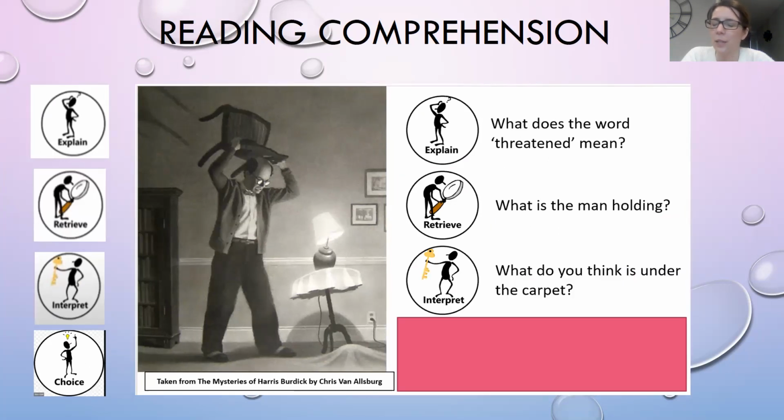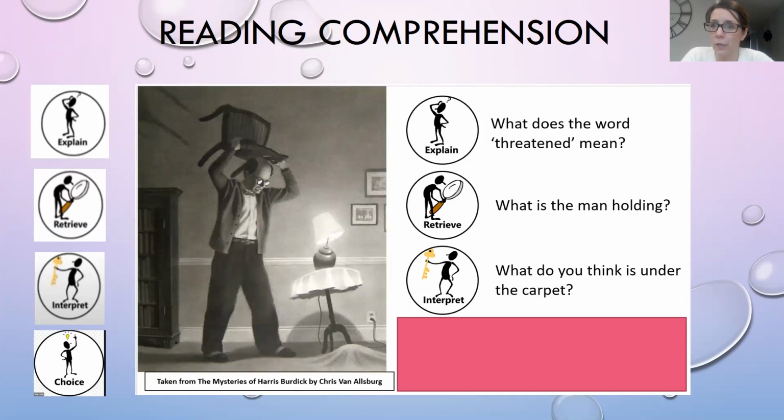Next question is our interpret skill, so our inference skill. We need to think a little bit between the lines for this one. It's not quite obvious. What do you think is under the carpet? Have a little think about that one, about what it looks like, what you think might be under it. You can pause the video and have a think.